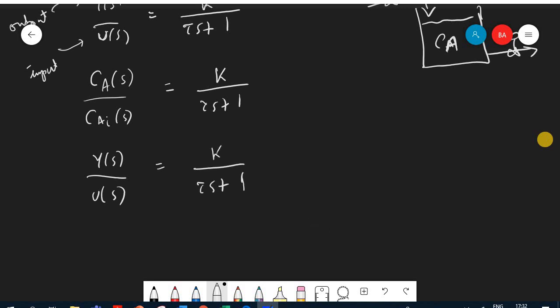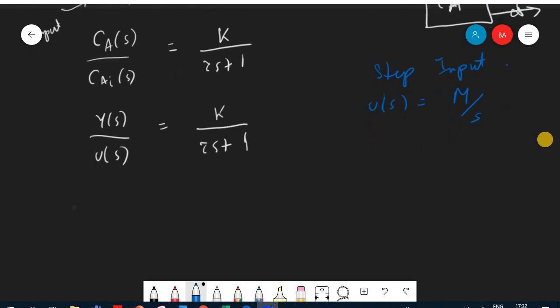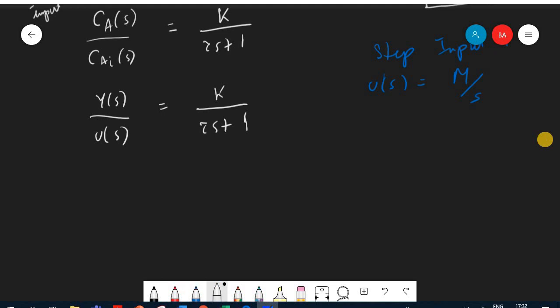If I have U of S, my step input, I'm going to apply a step input. What will be my equation? It will be something like that: Y of S is equal to U multiplied by that term, so it will be M over S times K over tau S plus 1.